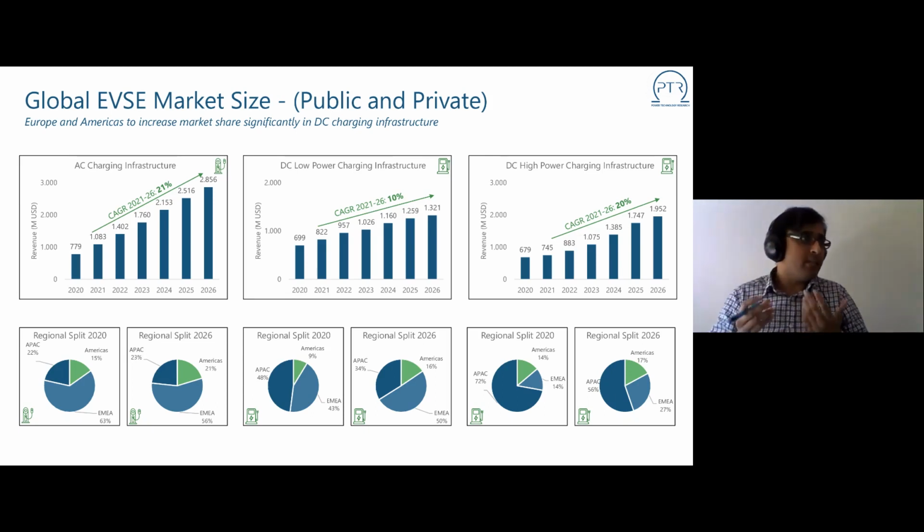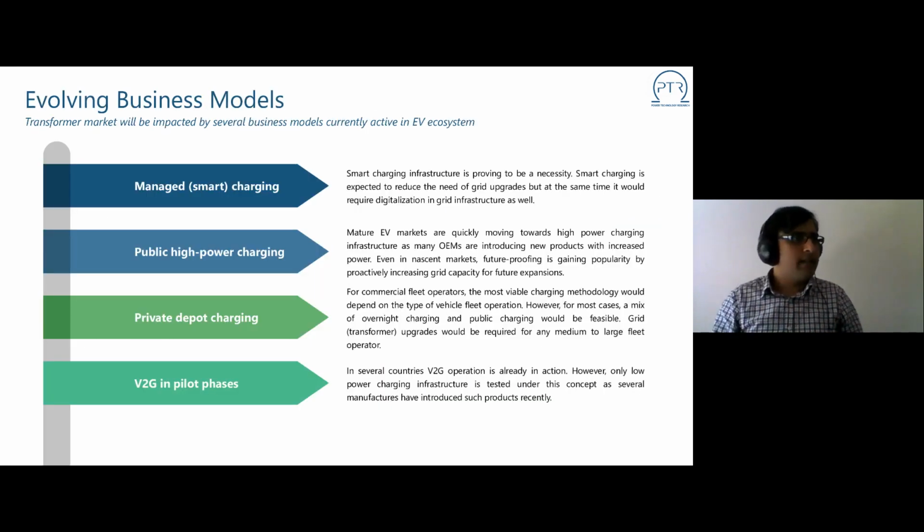That's why we expect even AC charging infrastructure to have a significant effect on the transformers market. Residential charging does not directly impact the T&D market, but where chargers are installed in apartments, many countries have regulations that any new building must have grid upgrades for future installation of AC chargers. So even within residential chargers, there is a segment that affects the transformers market moving forward.